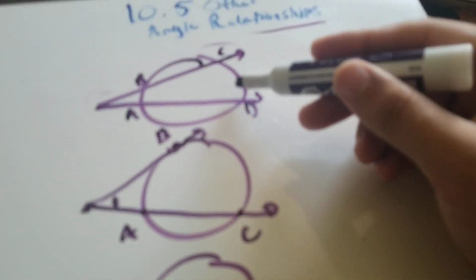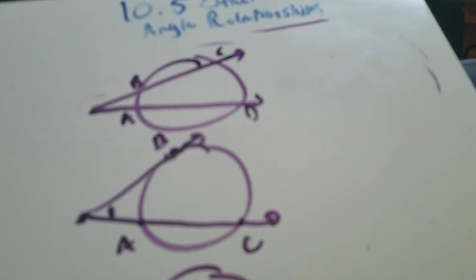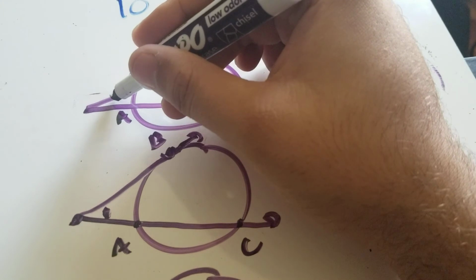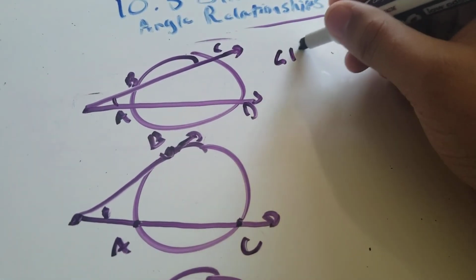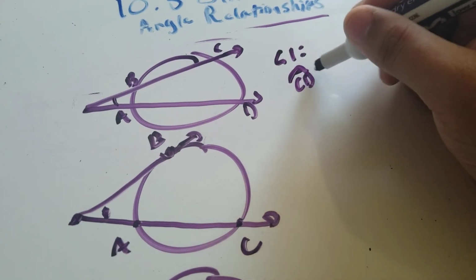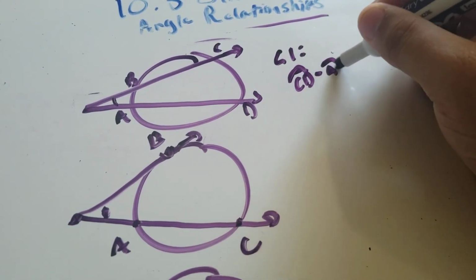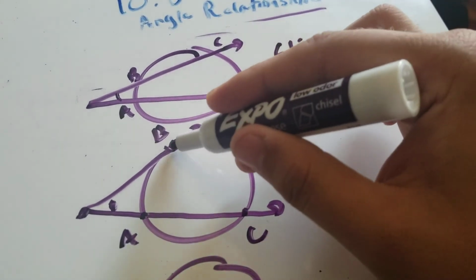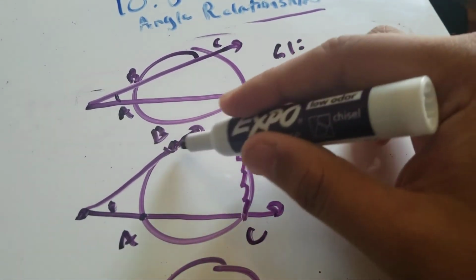So this one, again, sorry about the blurriness, let's call this angle 1. Angle 1 equals arc CD minus arc AB, bigger minus smaller, divided by 2. This one is the farther away arc.